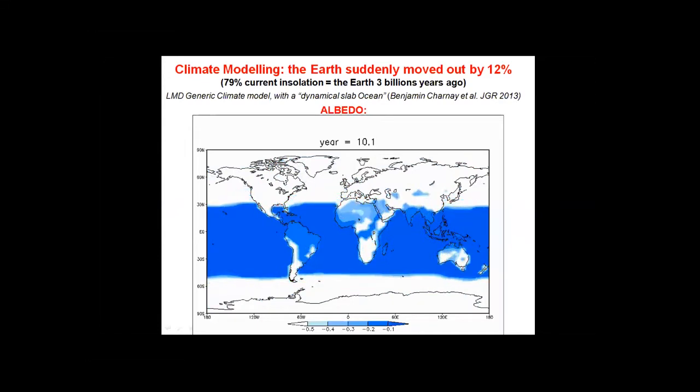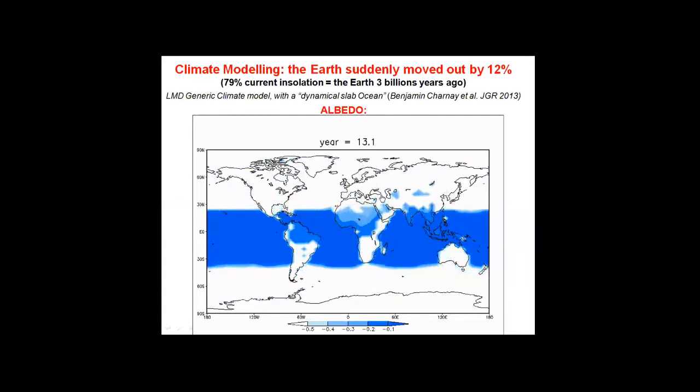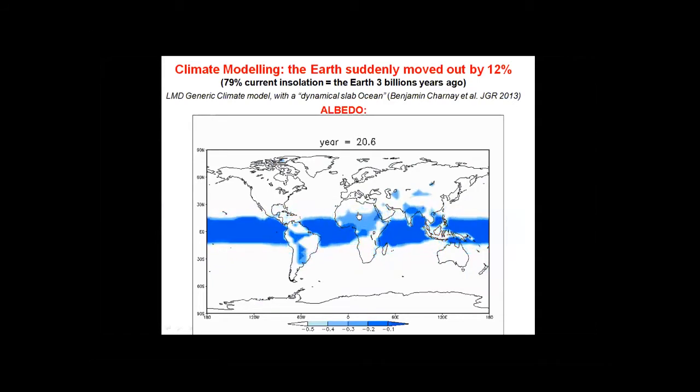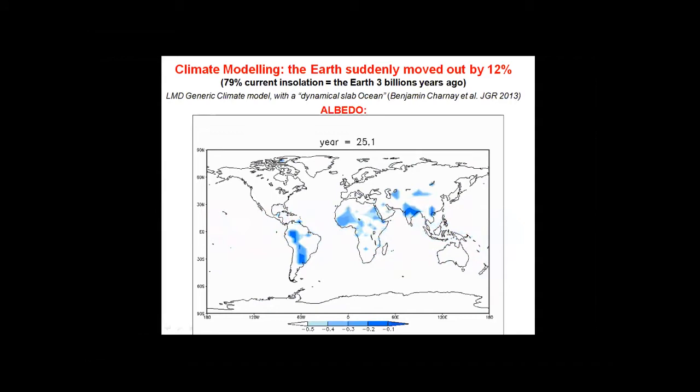And after only a few years, so you can see here, I hope the movie goes well through Zoom, you can see the sea ice really covering the Earth, and after only 30 years, which is nothing in terms of geology, you completely freeze the planet.